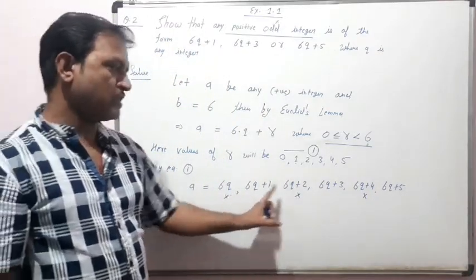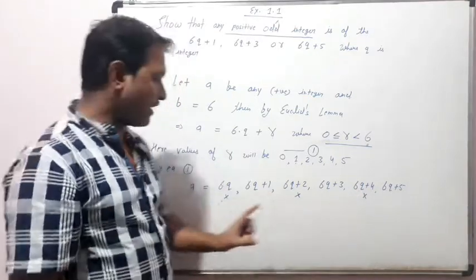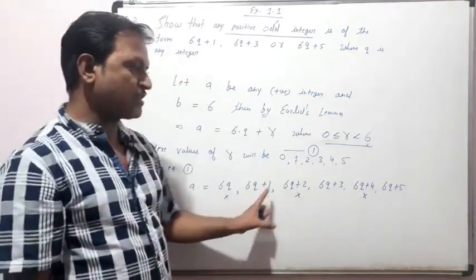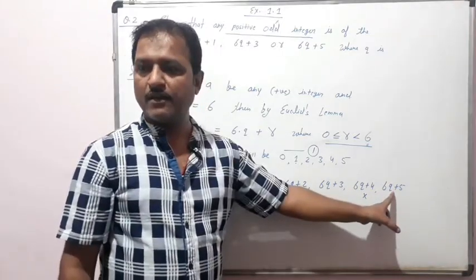So 6q plus 2 and 6q plus 4 are even numbers. Now the remaining 6q plus 1, 6q plus 3 and 6q plus 5 will be odd numbers.